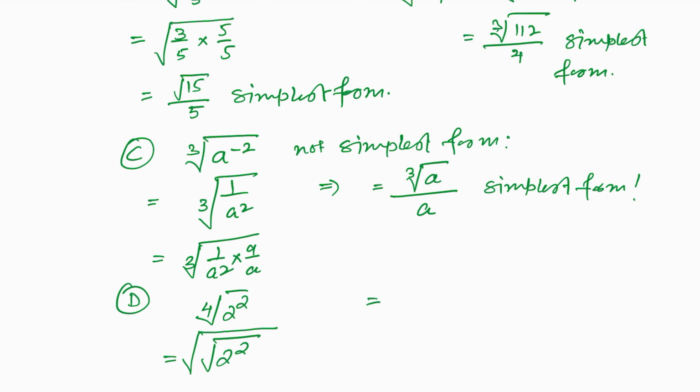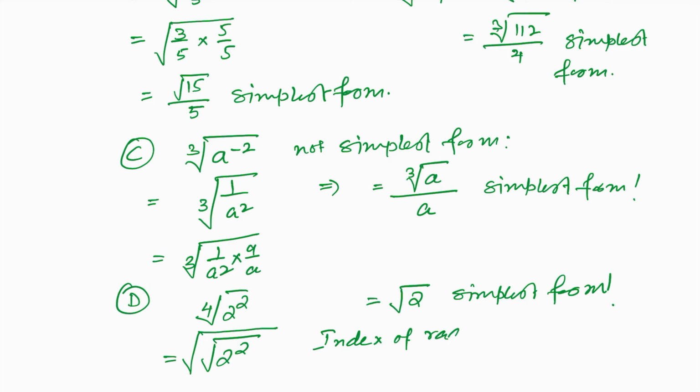Simplify it further and this is equal to root 2, because the square root of 2 squared is just 2. That's the simplest form.